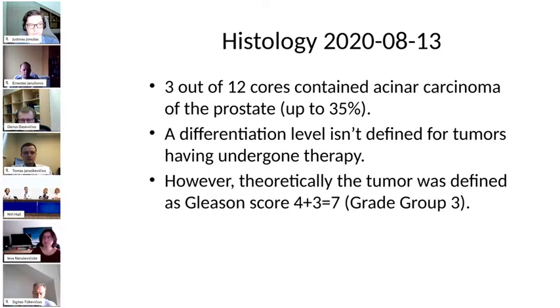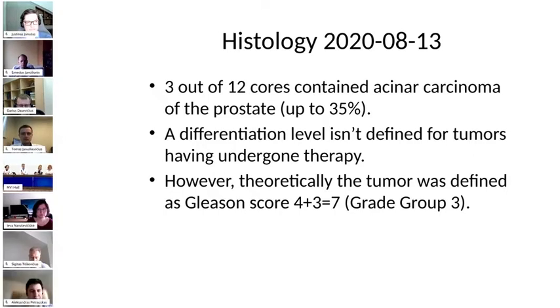In the WHO Blue Book it's stated that when a patient has undergone some therapy like radio or chemo or androgen deprivation therapy, it could impact tumor appearance. So it's not recommended to make grading of the tumor, but at our department we still make the status of a Gleason score in the note section. Okay, thank you.